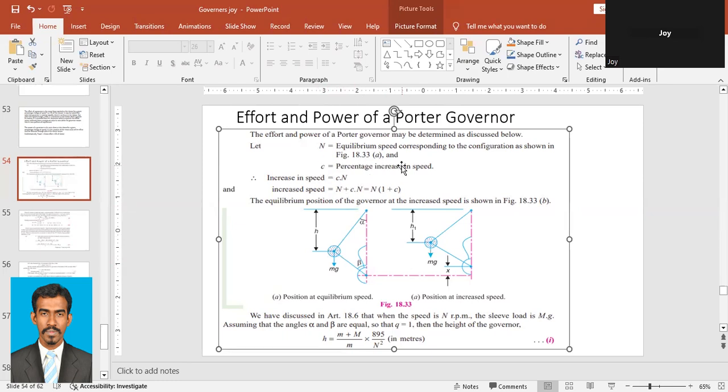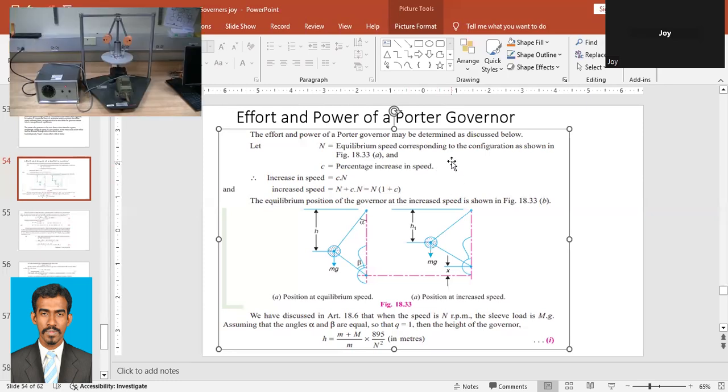And c is the percentage increase in speed.